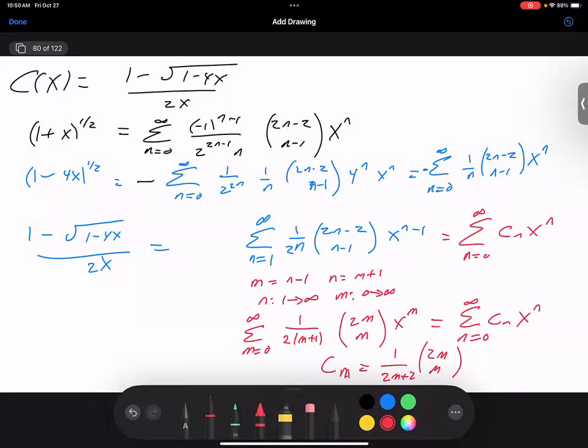It is possible that I might have made a small mistake somewhere. I wouldn't be surprised if that happened. I was actually thinking that there should have been an extra factor. Oh, wait, there's an extra factor of 2 somewhere. We're supposed to divide by 2x. Did I drop that 2? We had a 2n minus 1 to the n.